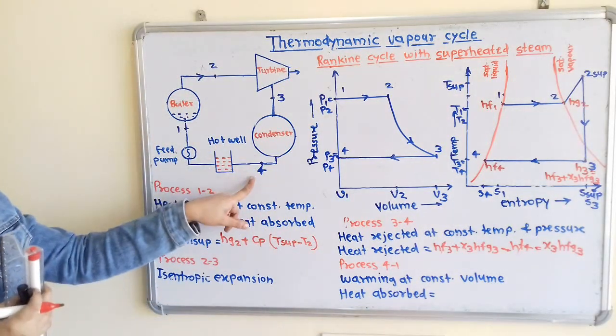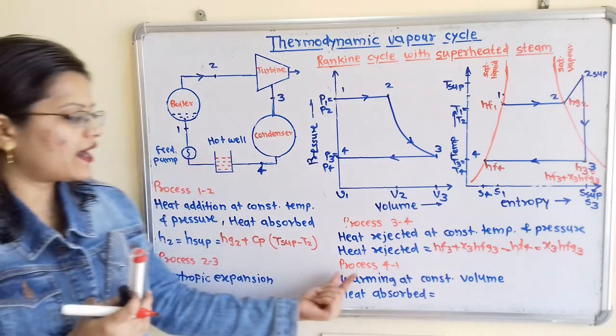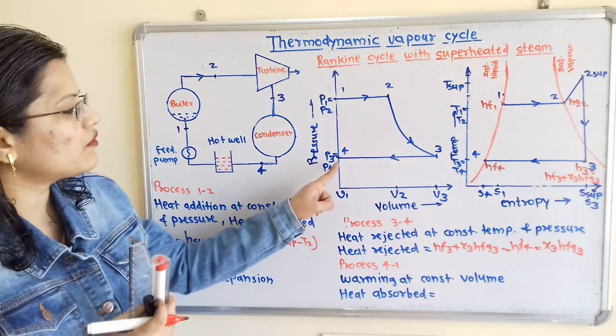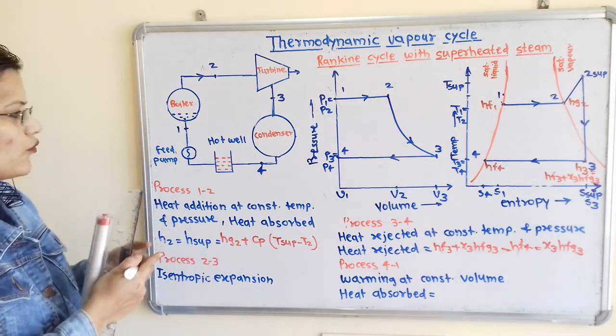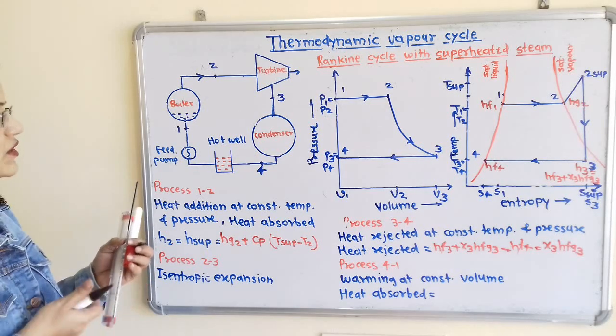So again process 4 to 1, here is the hot well where the warming process is taking place at constant volume. We have to keep the volume constant, and this is process 4 to 1. I will show an arrow here for process 4 to 1.